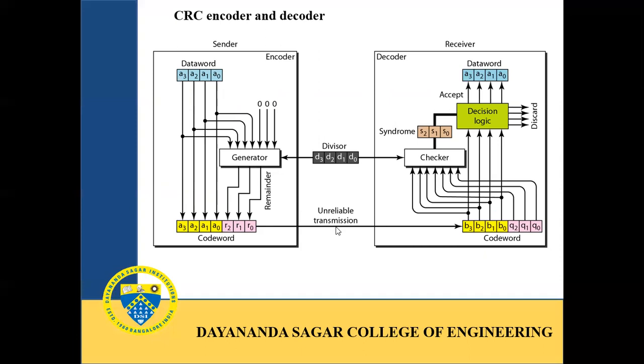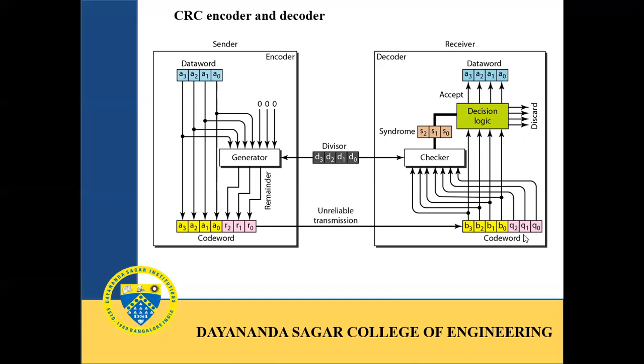In case some error happens in the transmission, so one of the bits is changed, then the code word changes. Since the code word changes, when we divide the same message with the same generator polynomial, we'll not get the remainder 0. So if the remainder is not 0, that means some error has occurred.